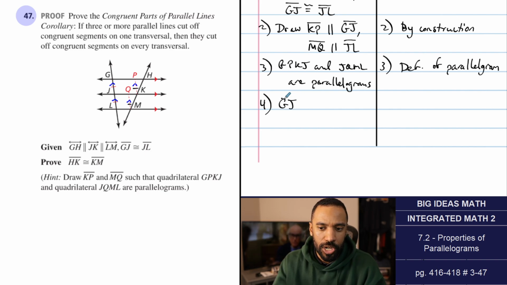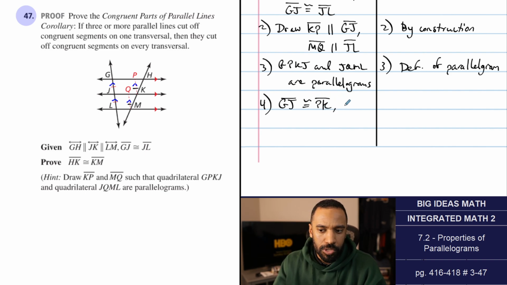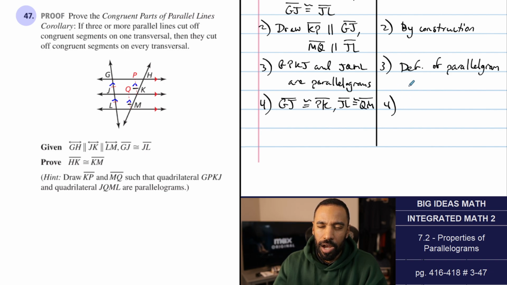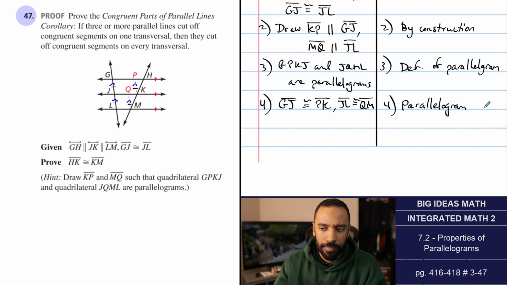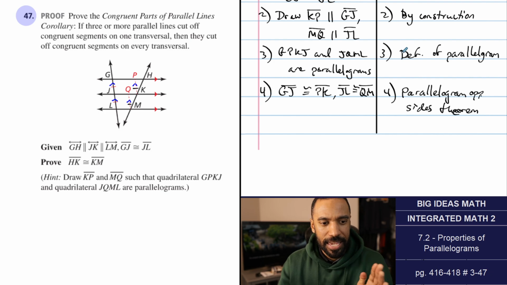So segment GJ is congruent to segment PK, and also segment JL is congruent to segment QM, because of the parallelogram opposite sides theorem, I think it was called. That's his theorem. Now I want to say PK is congruent to QM.